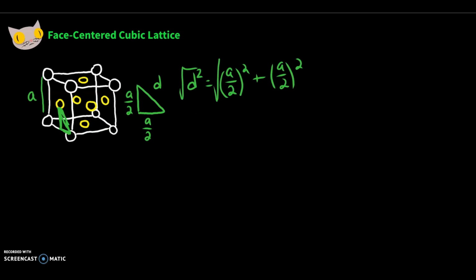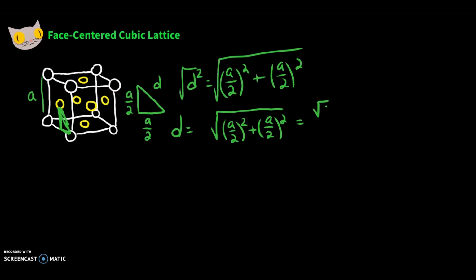Taking square root of both sides, D is equal to just the square root of A over 2 squared plus A over 2 squared. And that's going to give us square root 2 times A over 2.